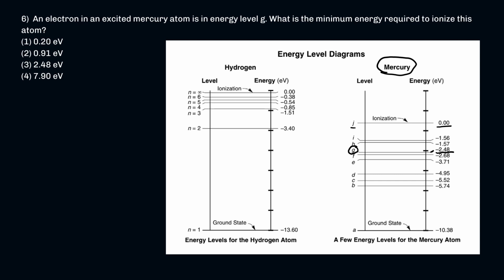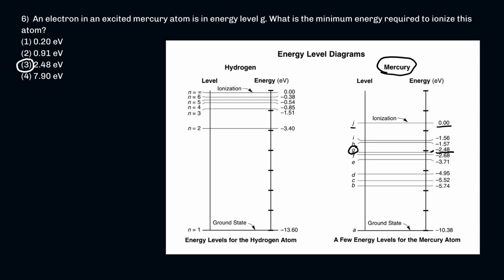That's the energy I will then need to get to ionization. So 2.48 electron volts is my answer, because at G I'm at negative 2.48 electron volts. To go upwards, I am absorbing the 2.48 electron volts in order to get to ionization. So my answer is answer choice 3, 2.48 electron volts.